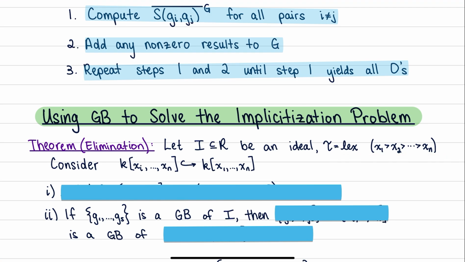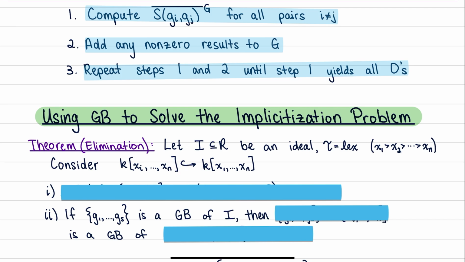We have to pick this ordering of Lex where the variables are ordered so that the ones of higher index are smaller. We have our ring R here, and this other ring where we just adjoin the smaller variables. We're considering the inclusion, but we're really thinking about going backwards via this inclusion.